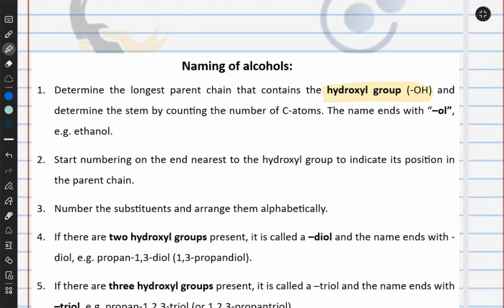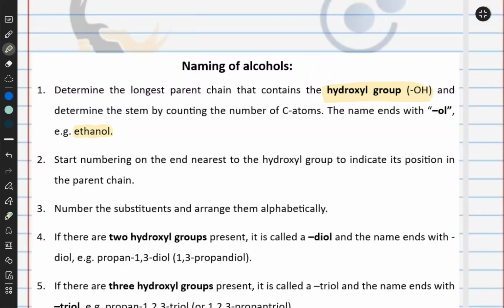From there, we use our table with stems. We know that if it has 1, it will be meth, if it has 2, eth, if it has 3, prop, and so on, up until dec. So if it has 2, the parent chain name will be ethanol, as an example. If it has 3, it will be propanol. If it has 4, butanol, and so on and so forth.